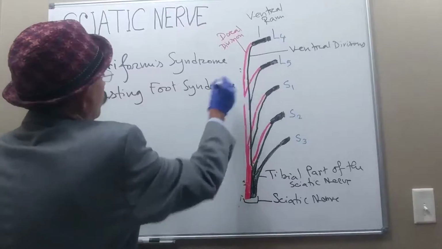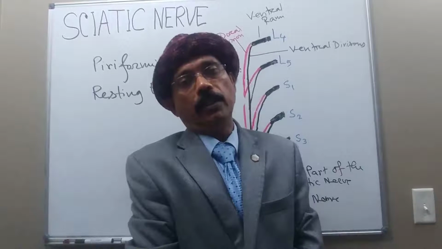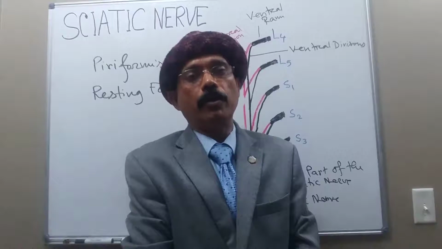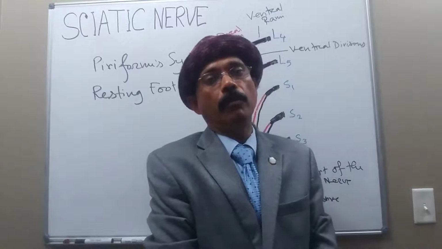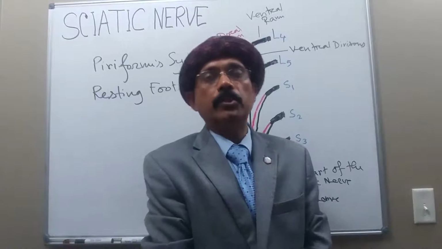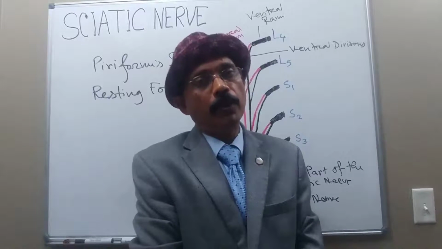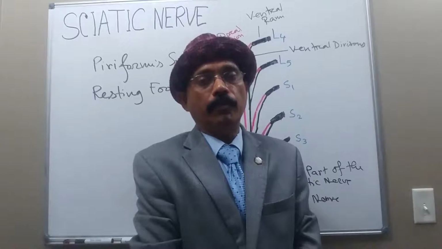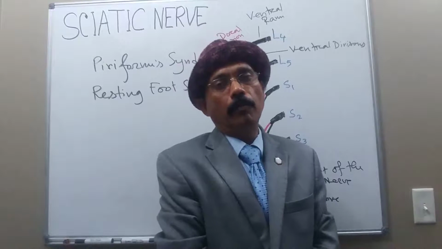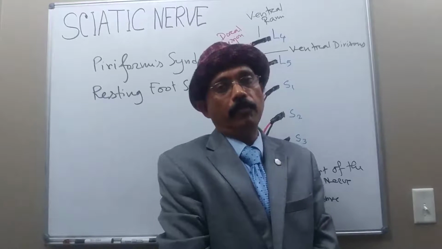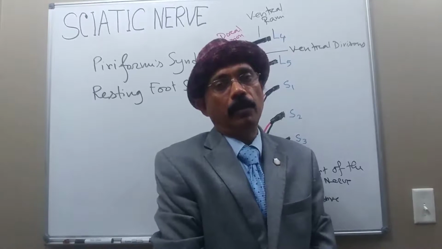Okay. Between the quadratus femoris and the adductor magnus, the sciatic nerve may be very close to the bone. Okay, a person sitting for a long time on a hard object, on a chair, the sciatic nerve may be compressed and there may be loss of sensation as well as loss of function of the muscles below the knee, and also there may be different sensation at the back of the thigh.